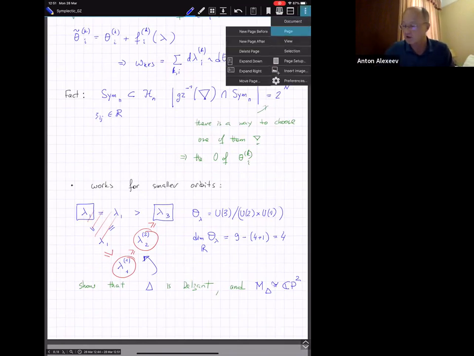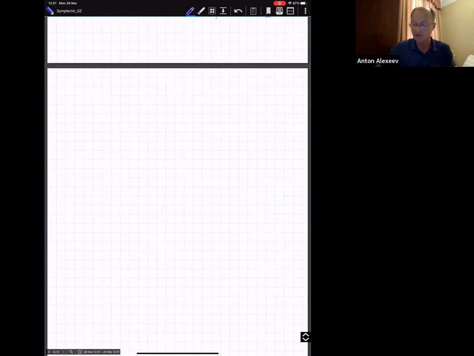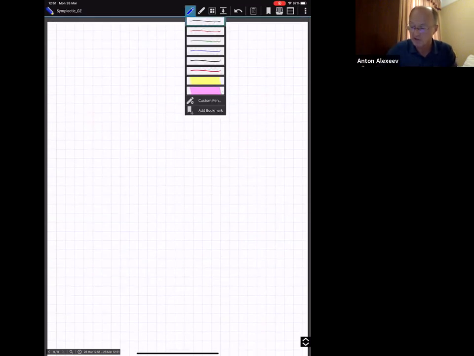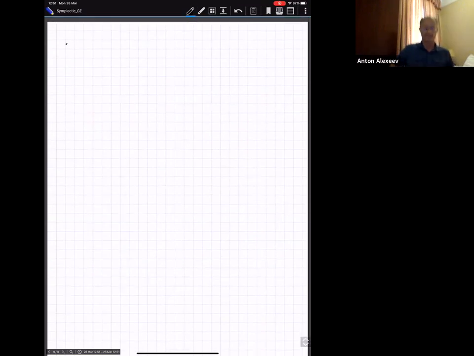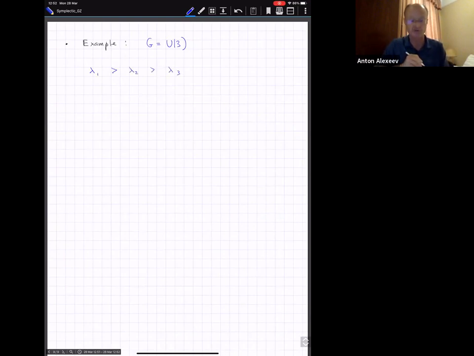So now I want to end with the following example. That's again G equal to U3. So we have lambda 1 bigger than lambda 2, bigger than lambda 3.